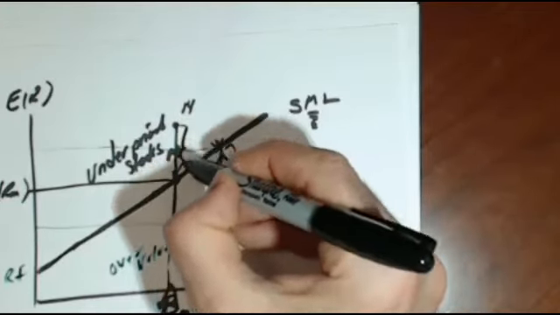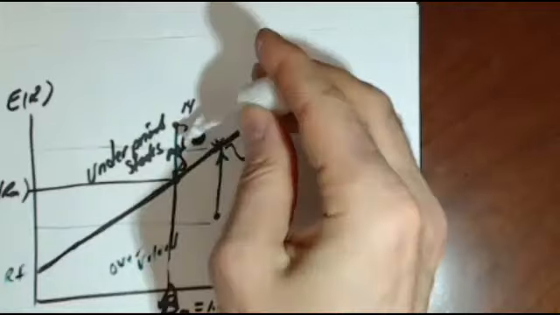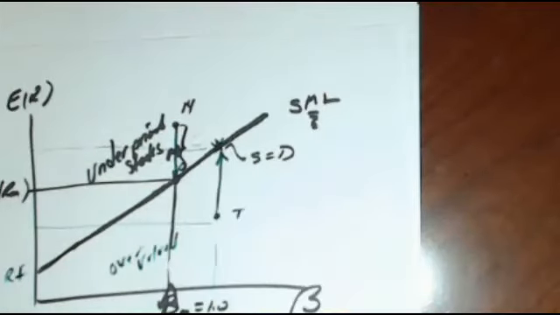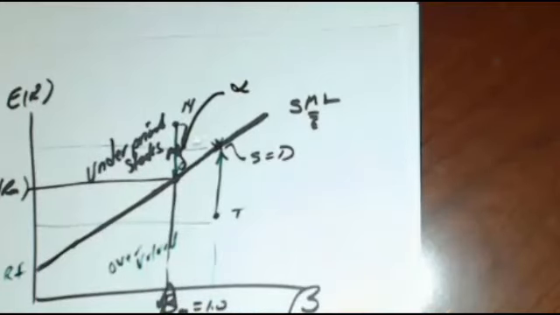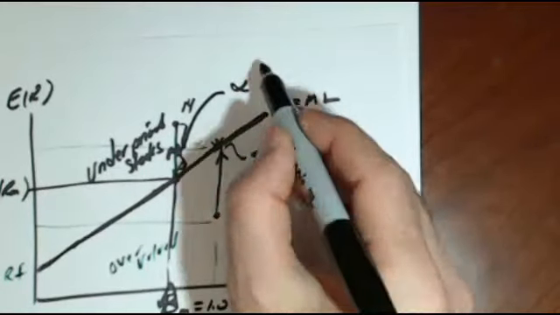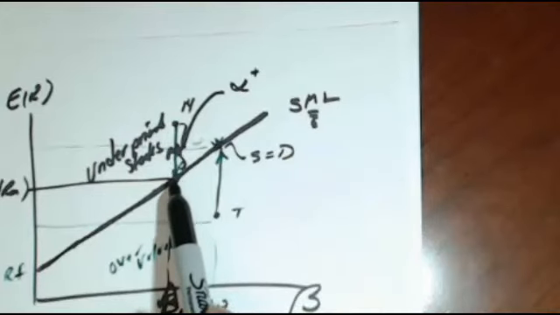So alpha in this case was positive. Oops, I did an infinity sign. I didn't want to do that. White that out. So this is alpha right here, from here to here. And that's positive because you expect a return greater than what's required given its risk.